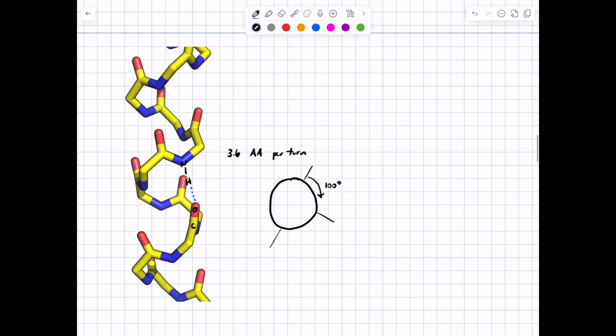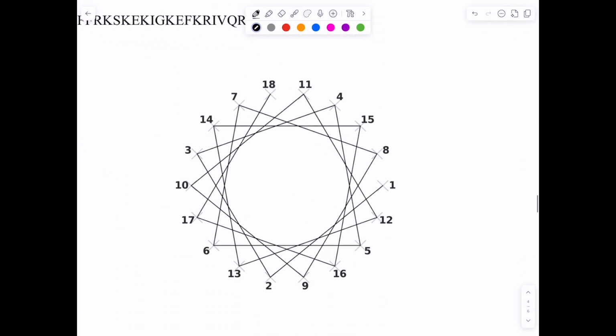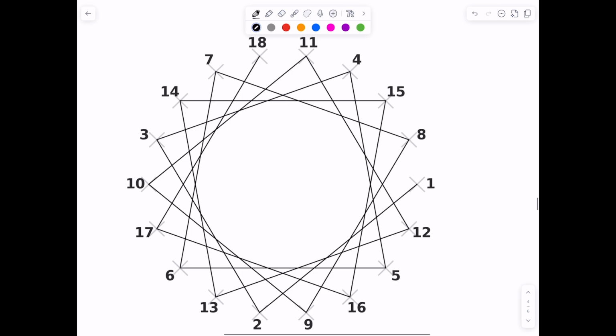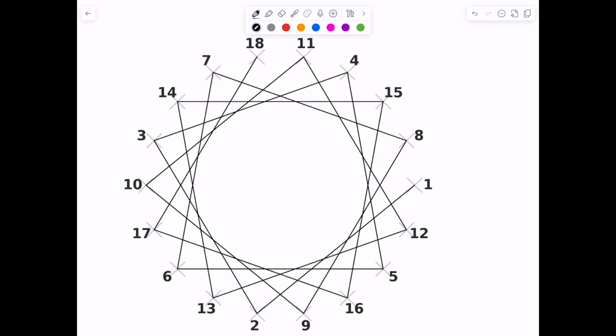Scientists have visualized the alpha helix with something called, it's really hard to draw on paper, a helical wheel, and that's shown on your quiz. So this is a helical wheel diagram. It shows only the alpha carbons in a helical peptide. So each X here represents an alpha carbon. This is the alpha carbon of amino acid 1.